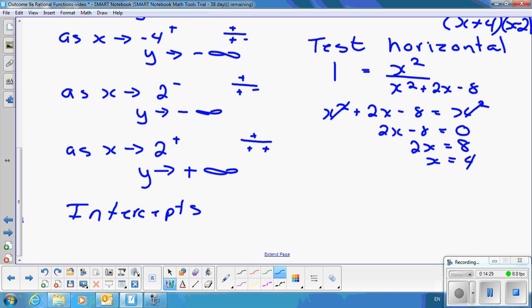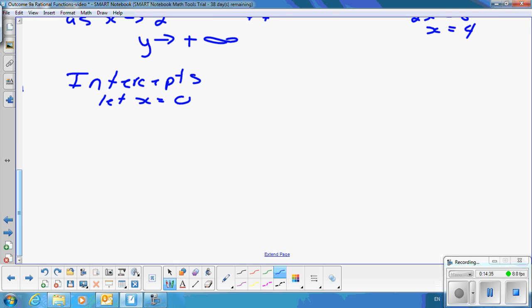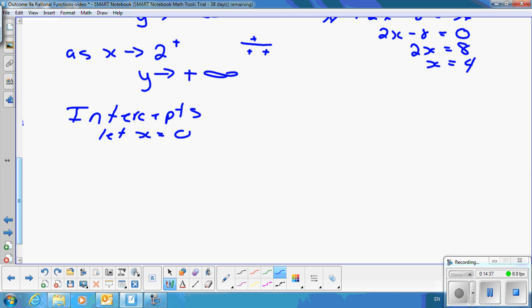So we're going to let x equal 0. If I let x equal 0 in my equation, I end up with y equals 0 squared over 0 squared plus 2 times 0 minus 8.